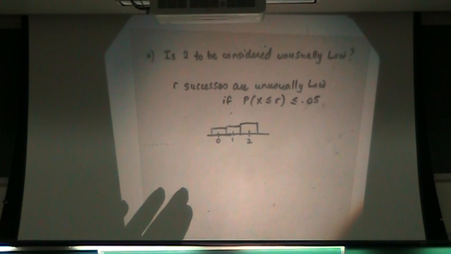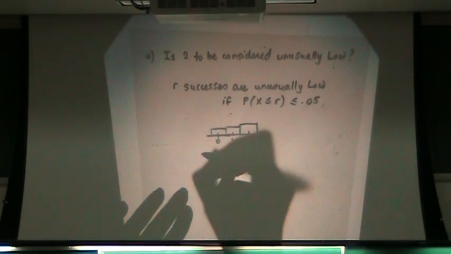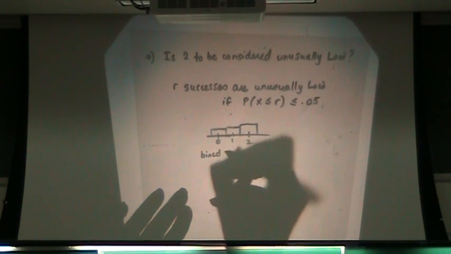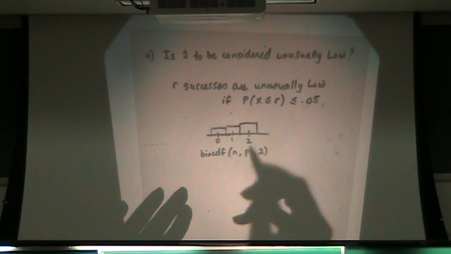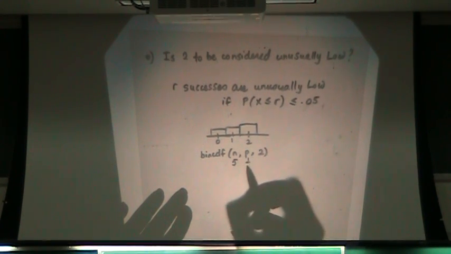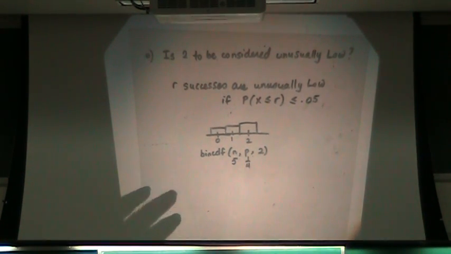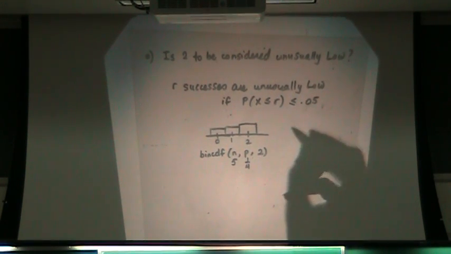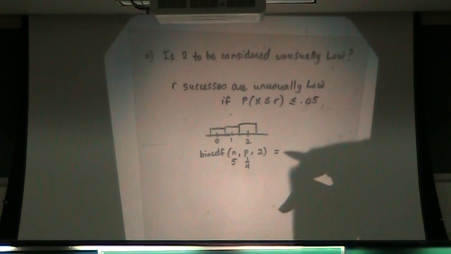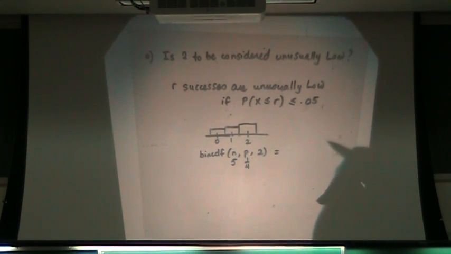Binomial what? CDF. Binomial CDF of N, P, 2. So N, of course, is 5, and P is a quarter. Can you find me this number? Binomial CDF of 5, comma, 1/4, comma, 2. I expect a really large number.